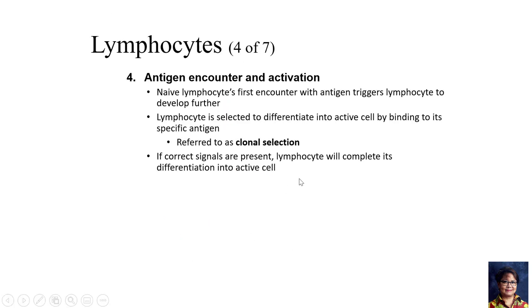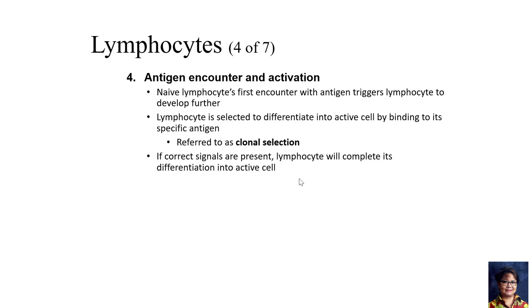After seeding, your antigen will encounter. Your naive lymphocyte will now be ready to encounter your foreign antigen and be activated. So these naive lymphocytes' first encounter with antigen will trigger the lymphocyte to develop further, to become more committed. This time, they are not anymore rookie soldiers.